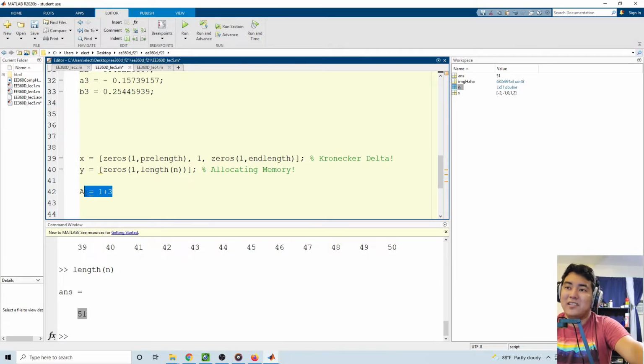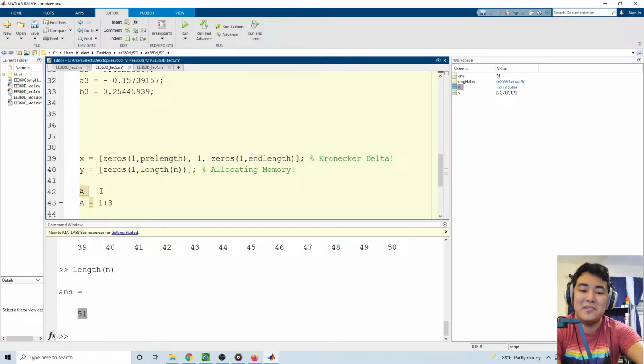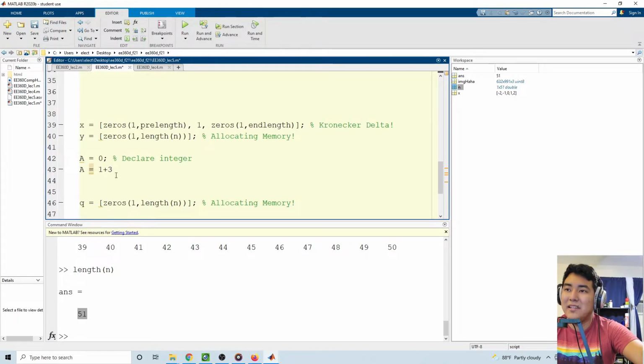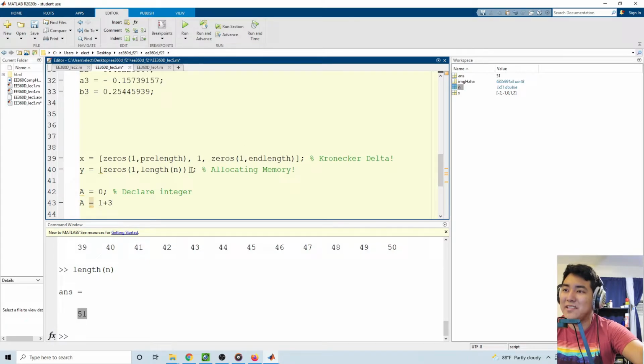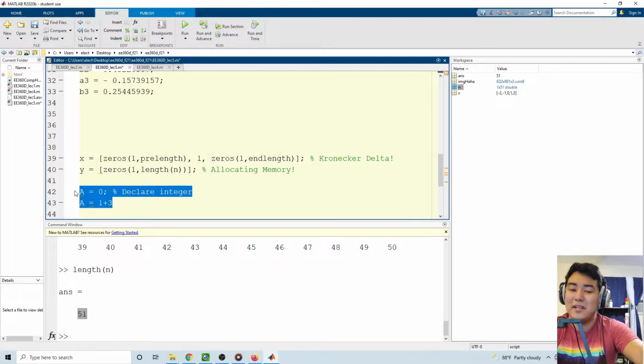It automatically does it for you. But in reality, you should be doing, like, a is equal to 0. Just pre-allocate memory, like declaring a variable as an integer or something like that, right? And then to declare a vector, this is how you would declare an empty vector. So that's how I would show you right there.